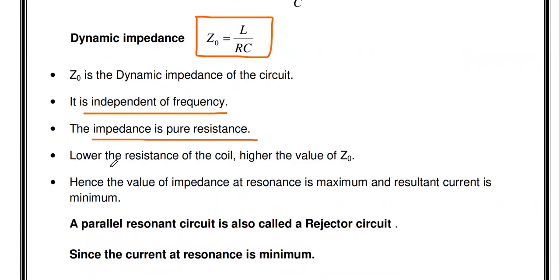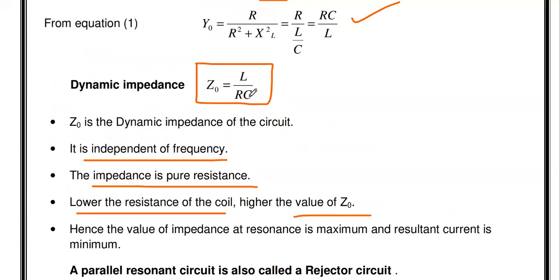And the lower the resistance of the coil, the higher the value of Z naught. If the R value is minimum, what is R? R is the resistance of the inductor. If the resistance of the inductor becomes very low, the impedance becomes higher.